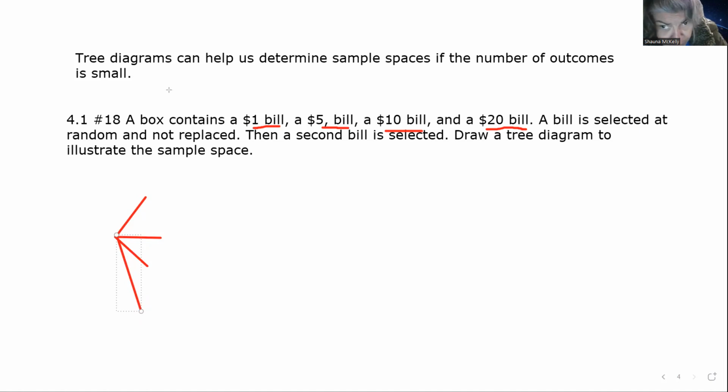So this is your first draw. So this is my first bill. Now, what options do I have? Well, I have a $1, so I'm going to put $1 here. And then I have a $5 bill right here.